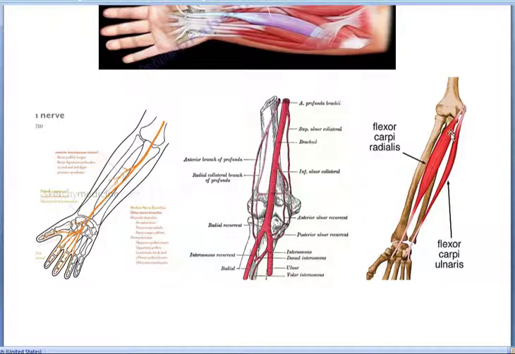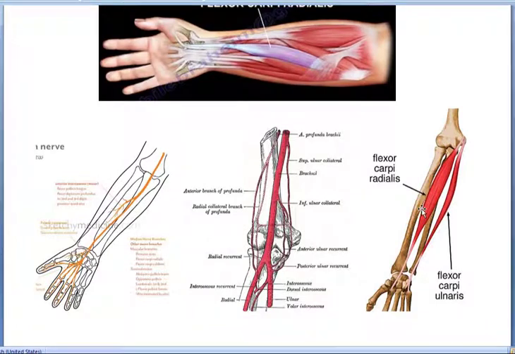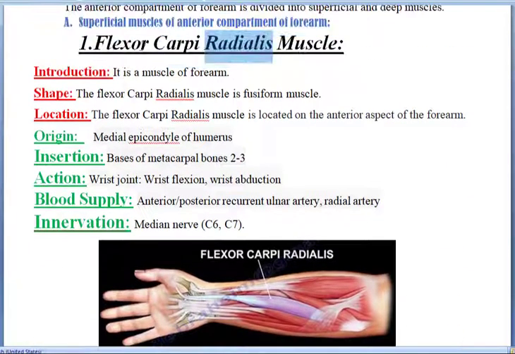This one is ulnaris because it is towards the ulna, and this is radialis because it comes towards the radius. So it's a muscle of the forearm.